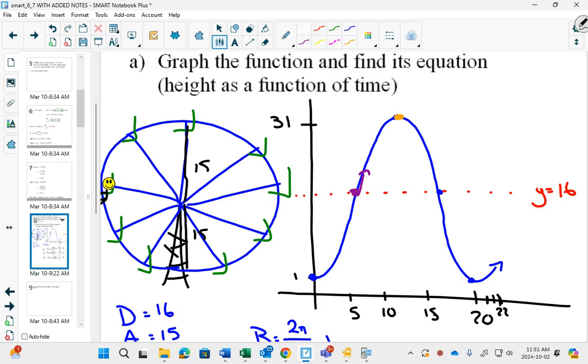That's messy. This would be 5, 22 would be about there. And then I would go up to my graph, go over, and take a guess. Anything that was a reasonable guess based on this would be fine for an estimate.